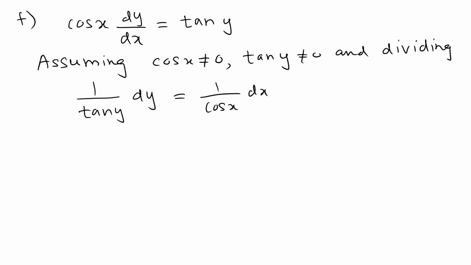Now from trigonometry we know that 1 over tan means cotangent. So you can write this as cotangent y dy, and 1 over cosine means secant, so it's secant x dx. Okay, now we can integrate both sides.